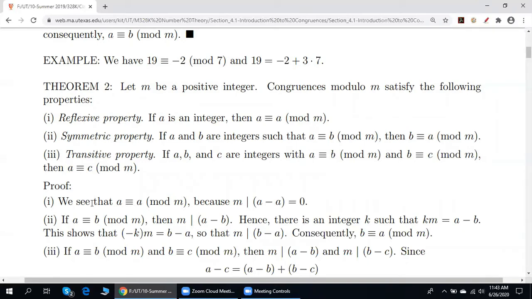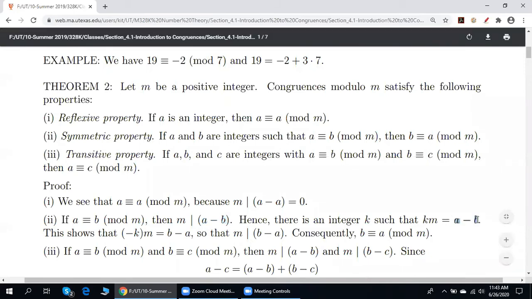Let us prove all 3 properties. a is congruent to a because m divides a minus a, which is 0. Property number 2. Suppose a is congruent to b modulo m. This means that m divides a minus b. By definition of divisibility, this means that a minus b can be written as km.